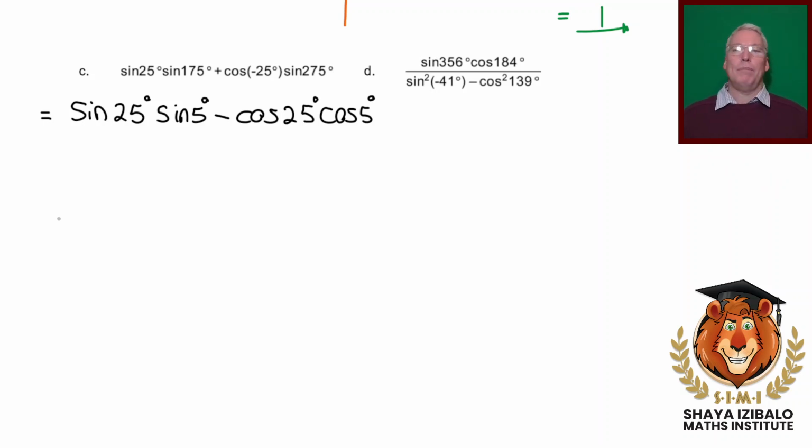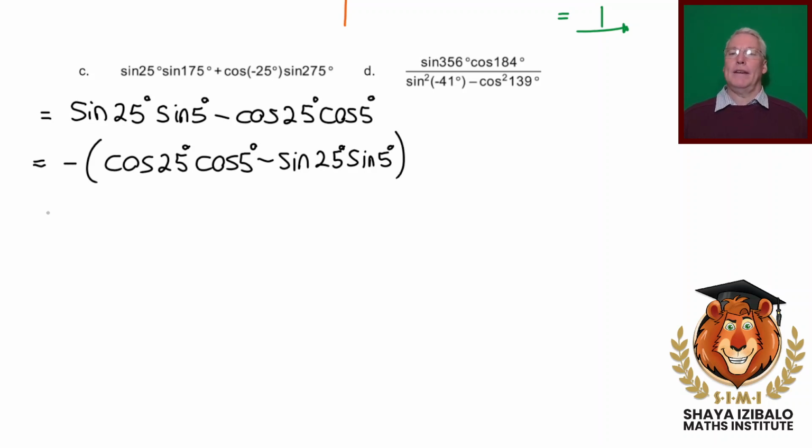Remember that the cos compound angle formula actually is the other way around. So let's factor out a minus. Cos 25, cos 5, minus sine 25, sine 5.